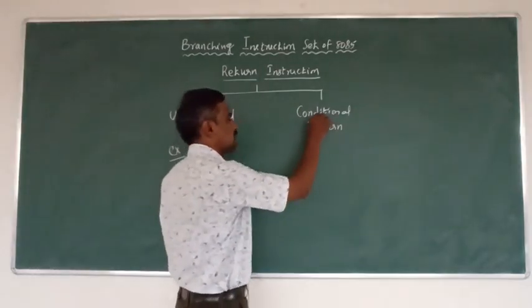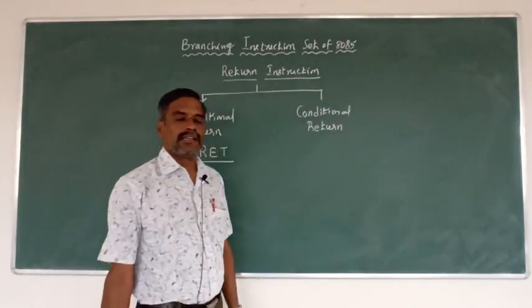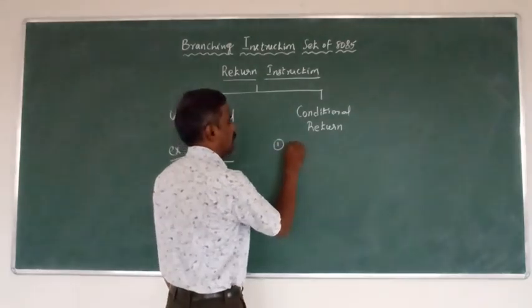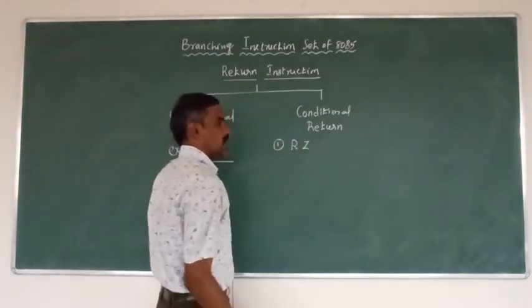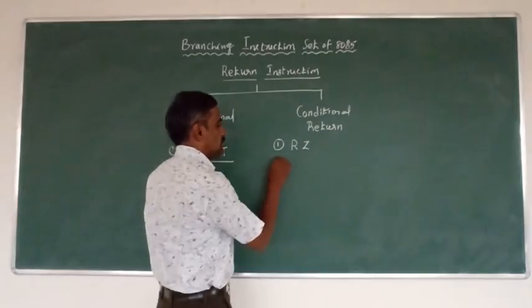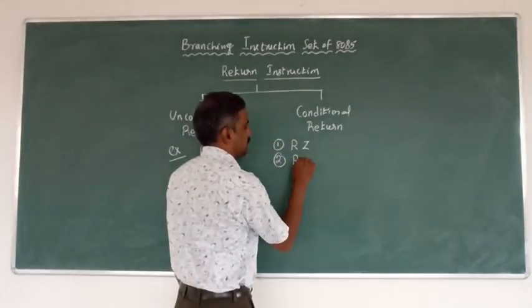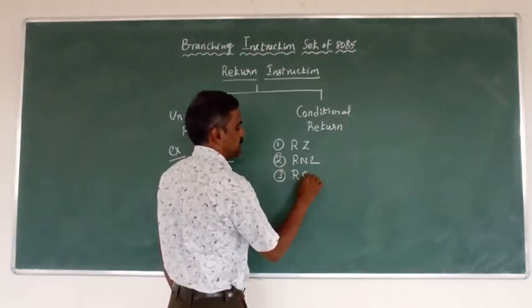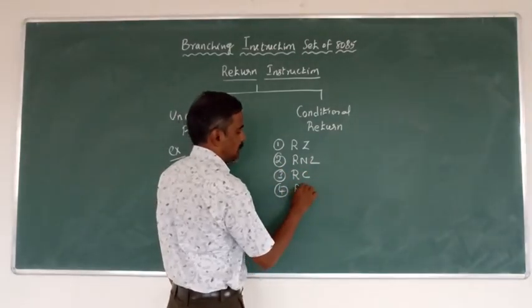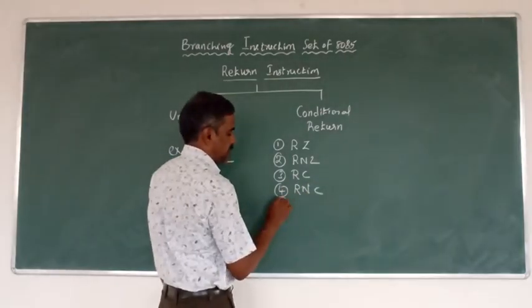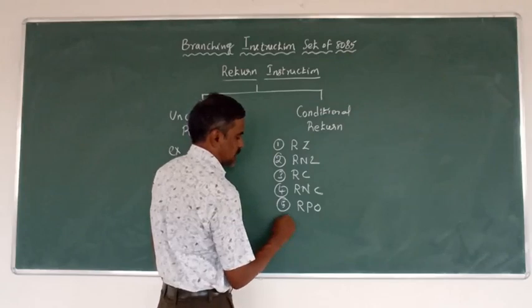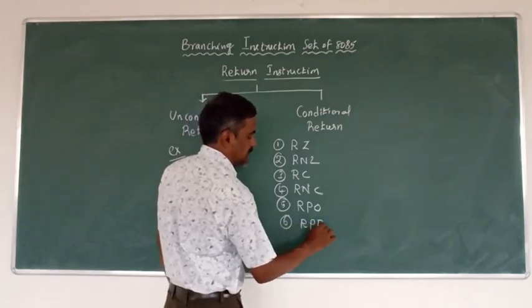In conditional return there are 8 types. First one, RZ. Second one, RNZ. Third one, RC. Fourth one, RNC. Fifth one, RPO. Sixth one, RPE.